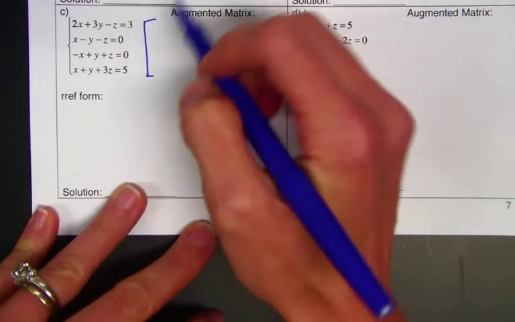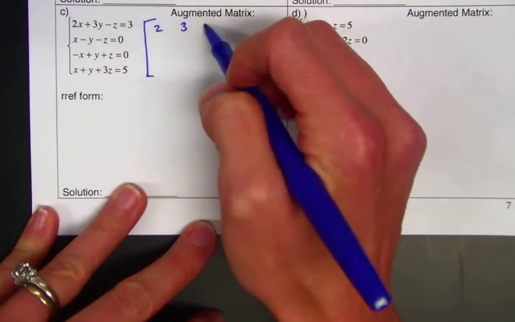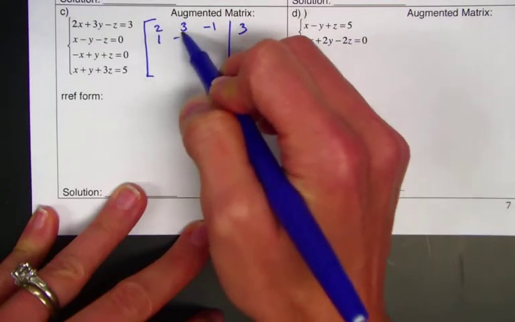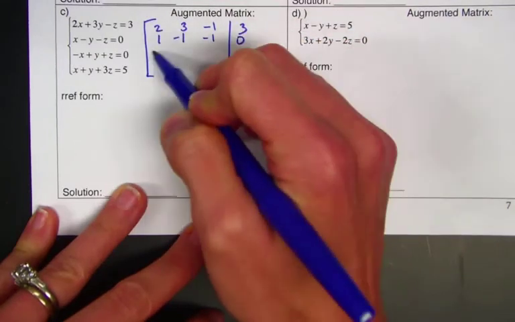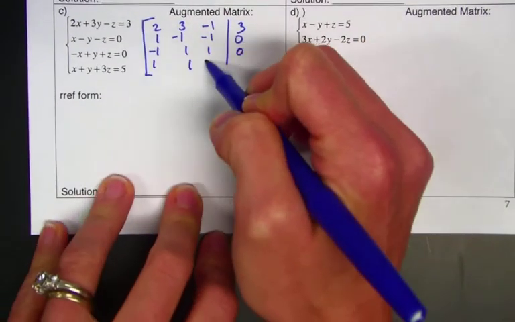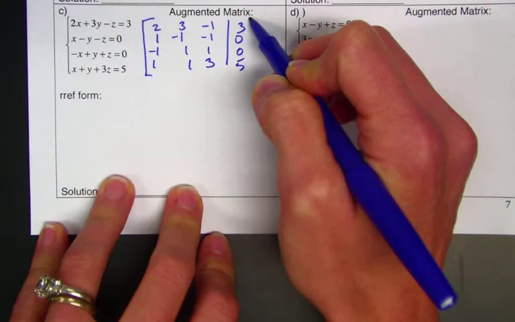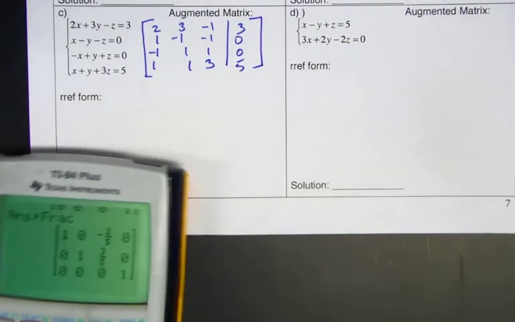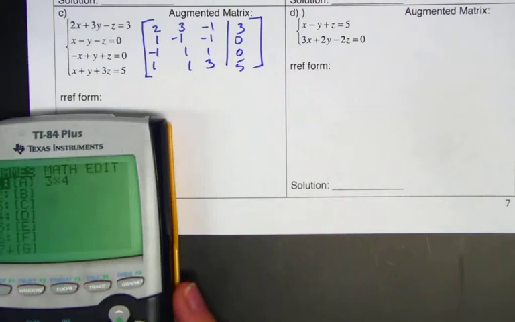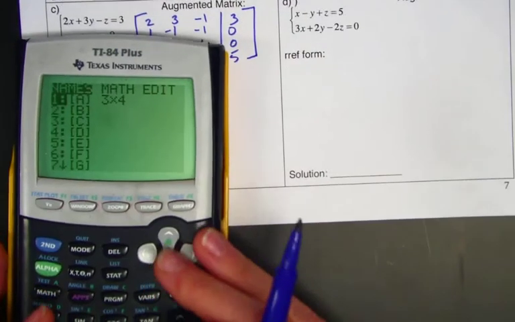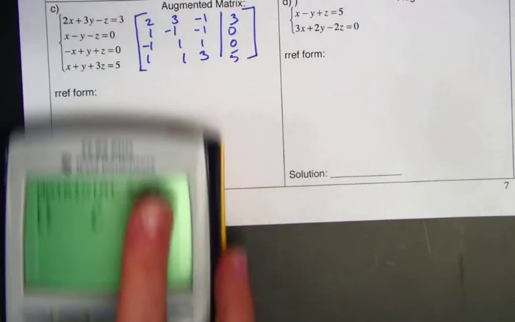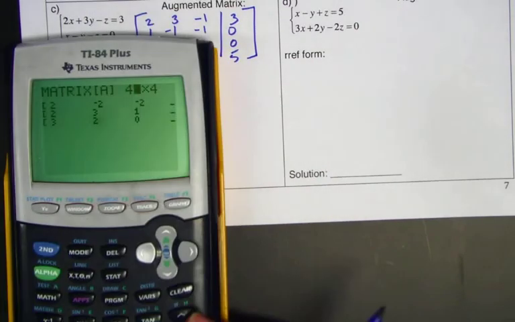So our augmented matrix is 2, 3, -1, 3, 1, -1, -1, 0, -1, 1, 1, 0, and then 1, 1, 3, 5. And then if we type this in, for edit, this time we're going to have a 4 by 4.